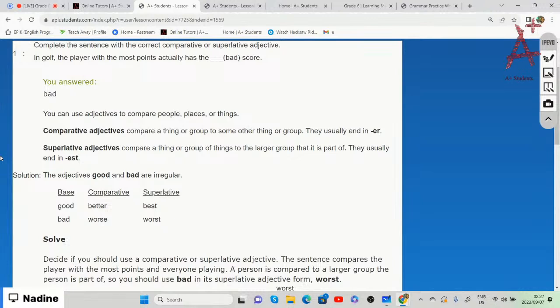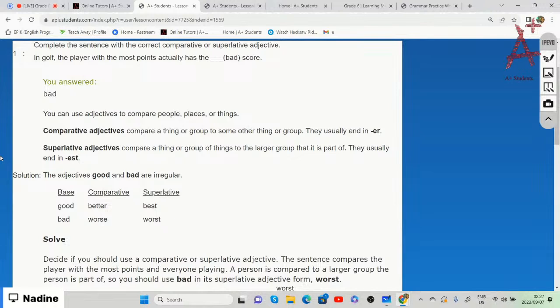Going back to our sentence, they say in golf the player with the most points has the bad score, which means that if we compare scores, then the person with the highest score, unfortunately, has the worst score.